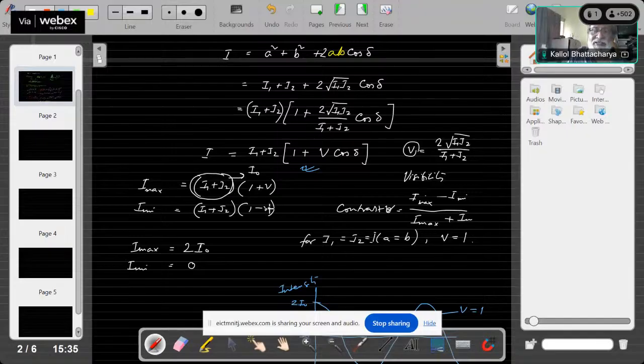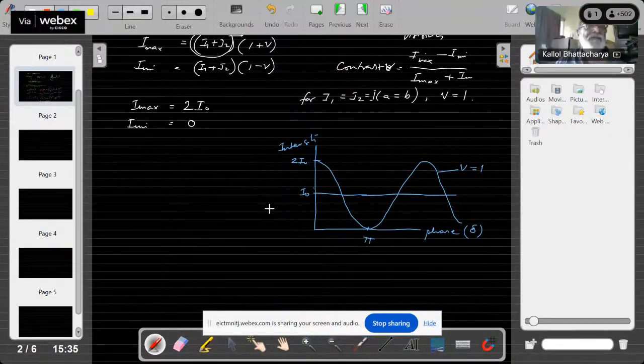In other words, when the two interfering beams do not have the same intensity, then your variation of intensity with phase will follow a pattern like this, which will neither reach the full maximum nor drop to a minimum of zero.